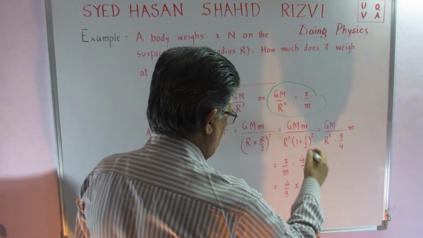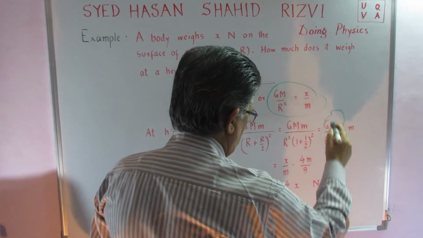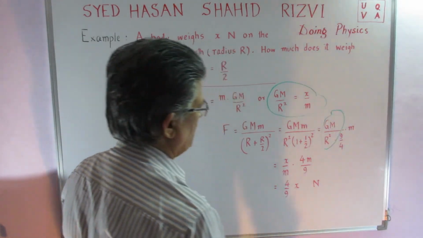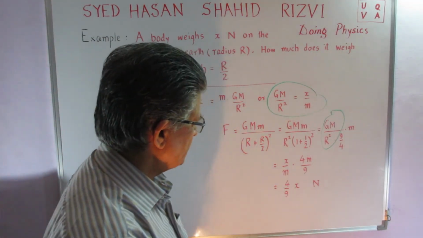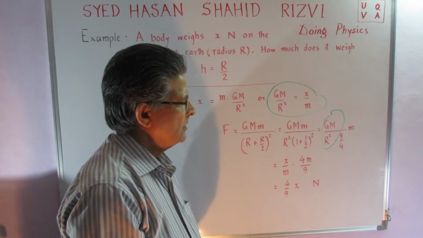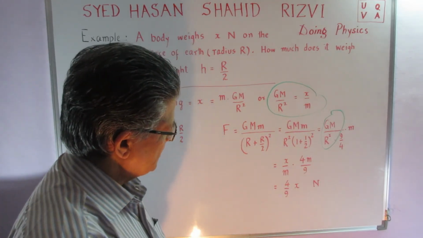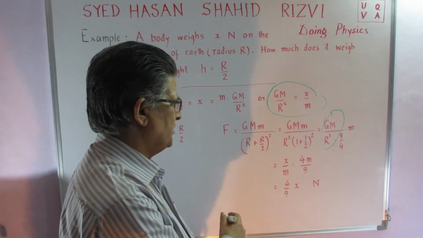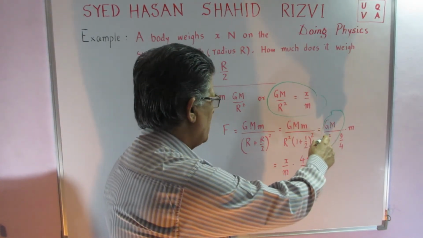So I write capital G upon r square, I separate, and I get this value as 4 will go up and 9 will remain in the denominator, 4 will go to the numerator. So this becomes equal to capital G M upon r square.